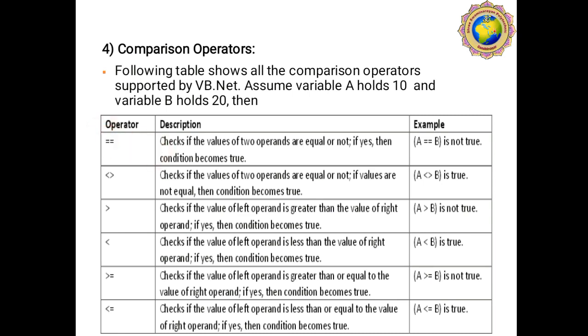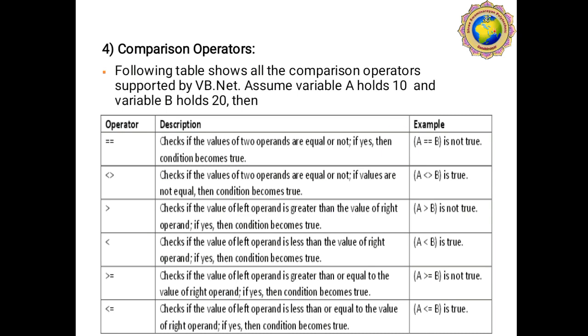It checks whether the values of two operands are equal or not. If yes, the condition becomes true; if not, it becomes false.